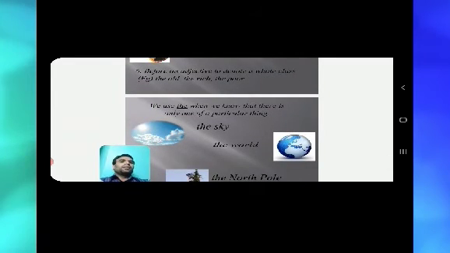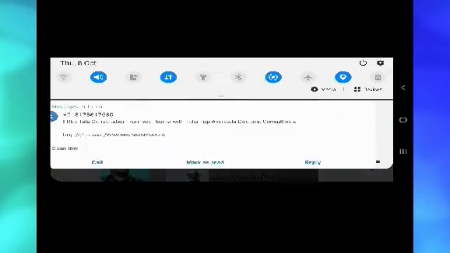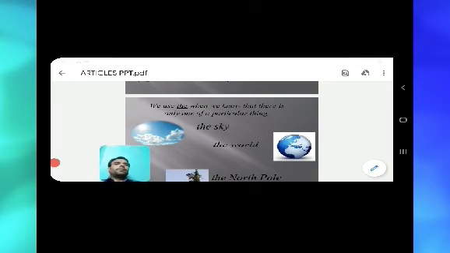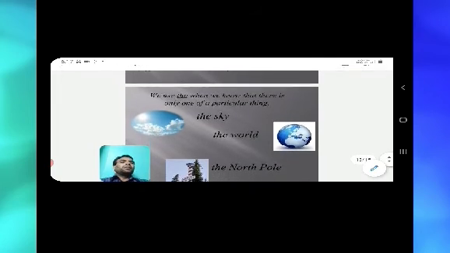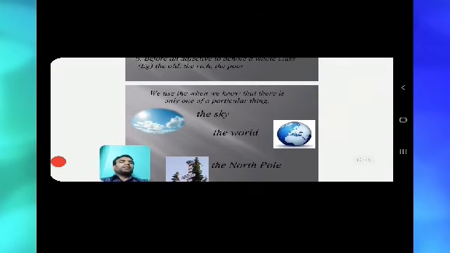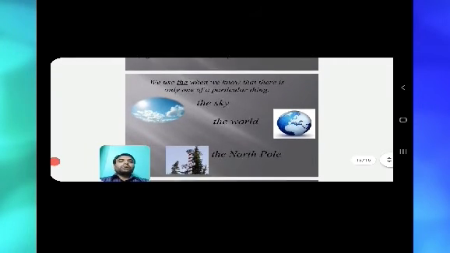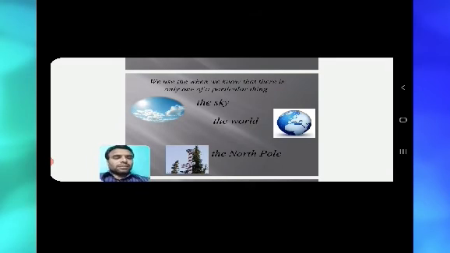We use the when we know that there is only one of the particular thing. I already told you at the beginning that it's a unique thing.